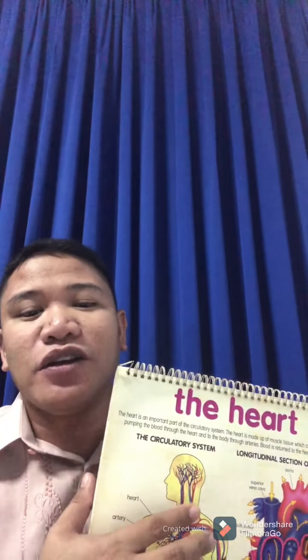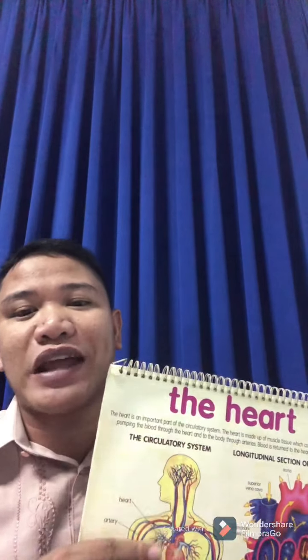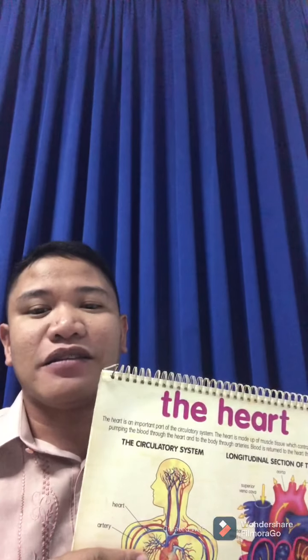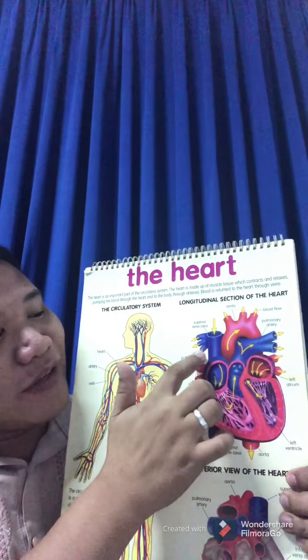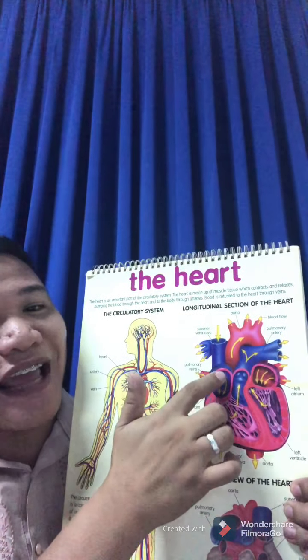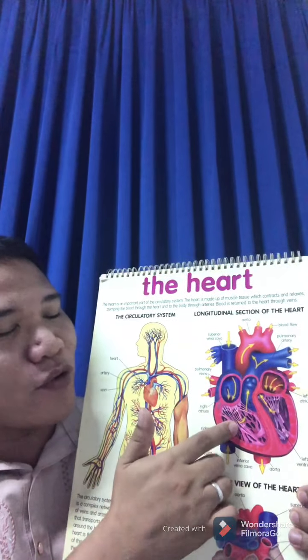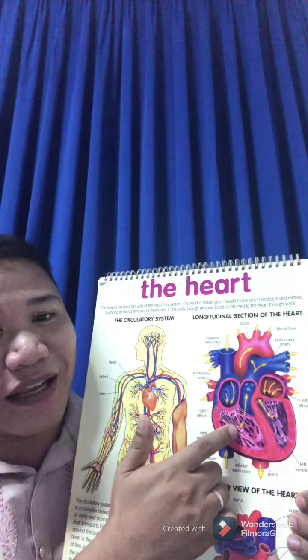Sumasama siya ngayon doon sa dugo na pupunta doon sa right ventricle. Okay? So what will happen now? So, yung mga dugo na galing sa right atrium will now go to the right ventricle.